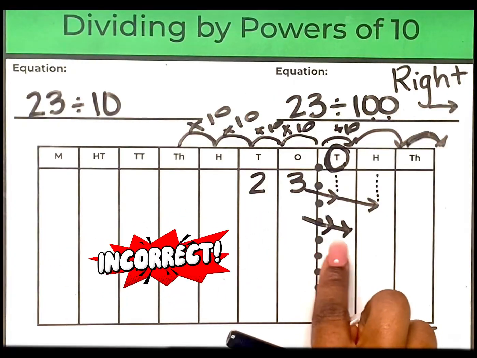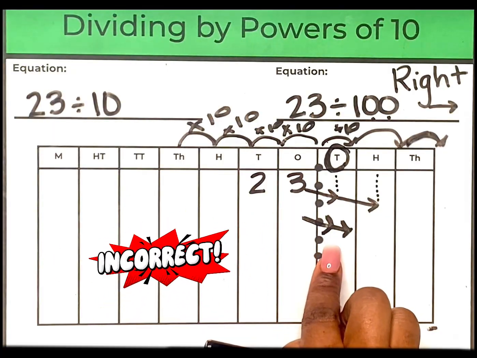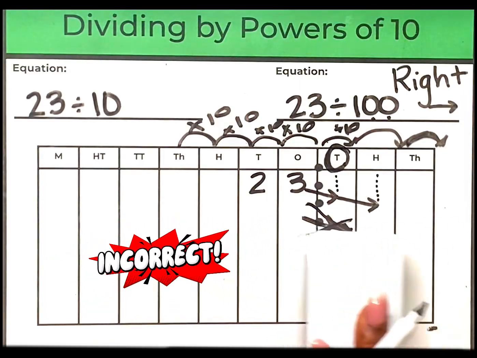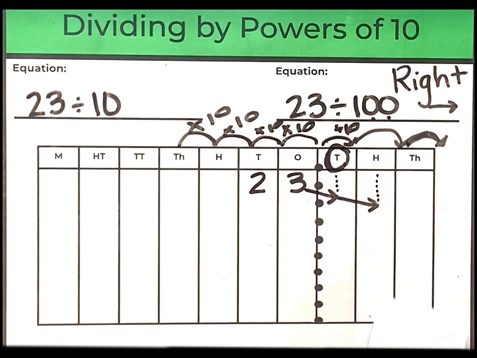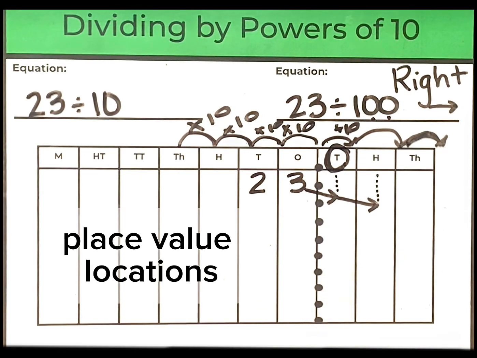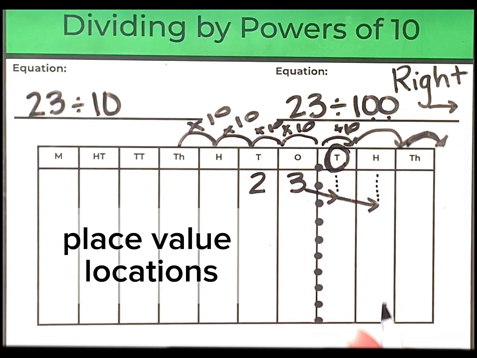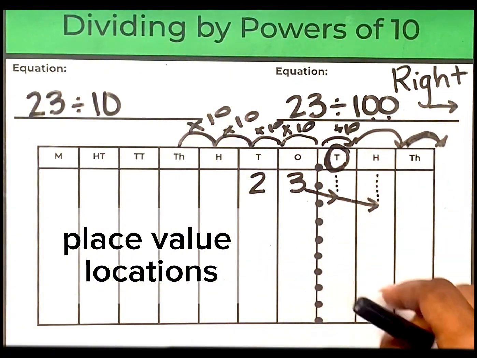We've only moved 1 column, but we've drawn 2 arrows. This is incorrect. So we don't want to do this. We want to make sure we shift the correct number of locations or columns. When I say location, I mean place value locations.